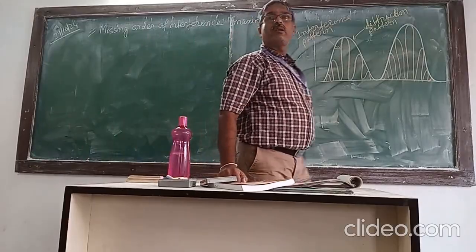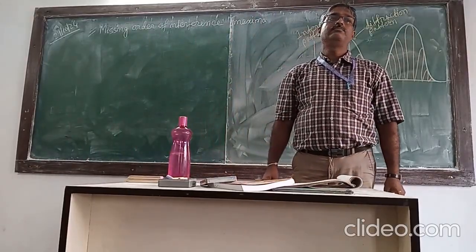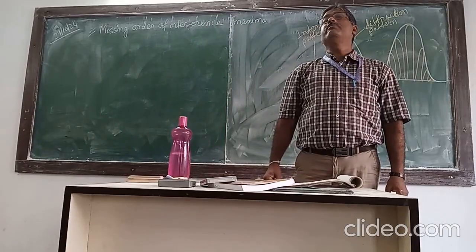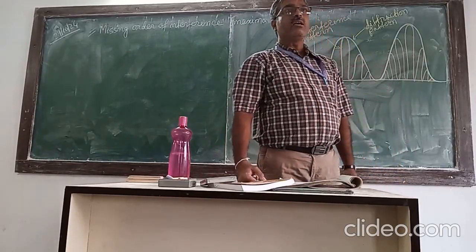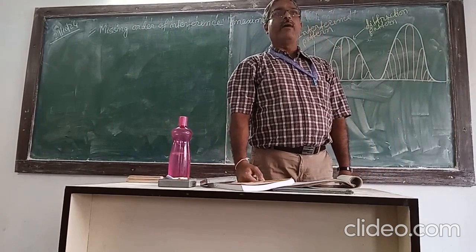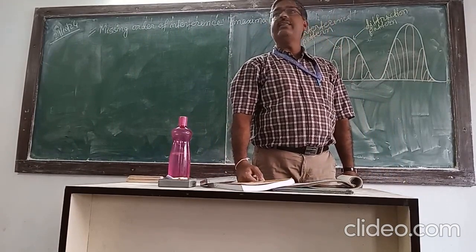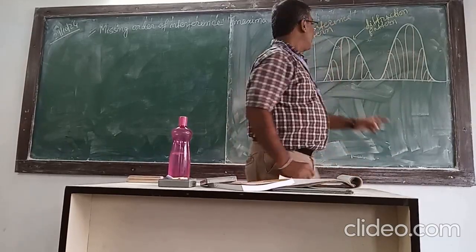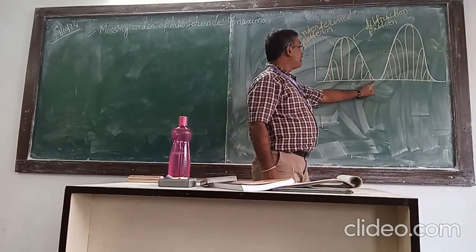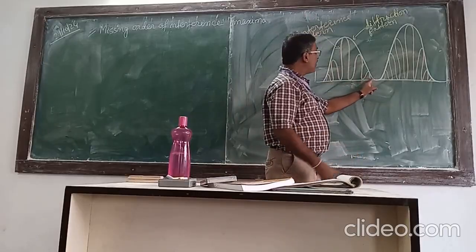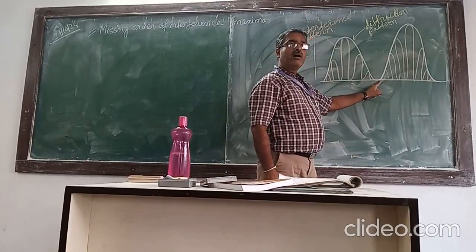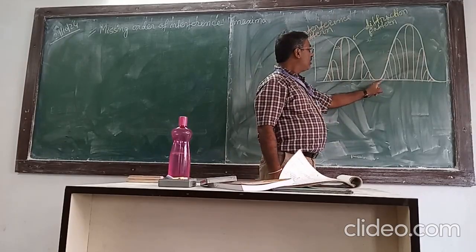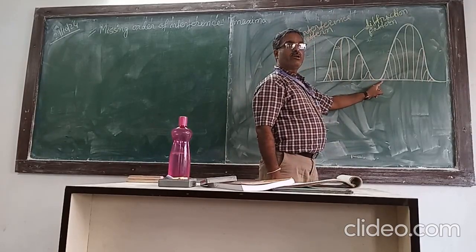So what is a missing order? Missing order means if we cannot see some maxima in that pattern, it is called missing. Like here it is the diffraction minima, and here there is another interference maxima, but we don't draw it here.